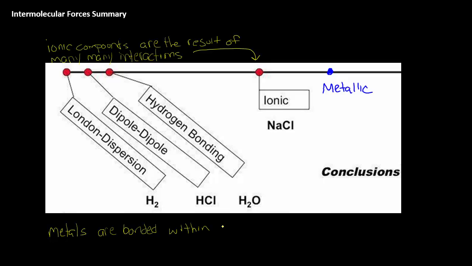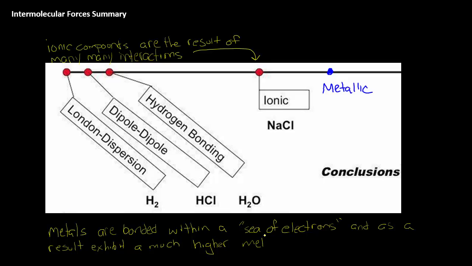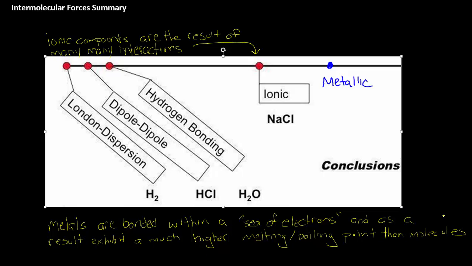Metals have their own special case of intermolecular, or I guess we'll call it interatomic, bonding. It's known as the sea of electrons model, which is the result of the large diffuse d orbitals. As a result of this, metals exhibit much higher melting and boiling points than even ionic compounds do.